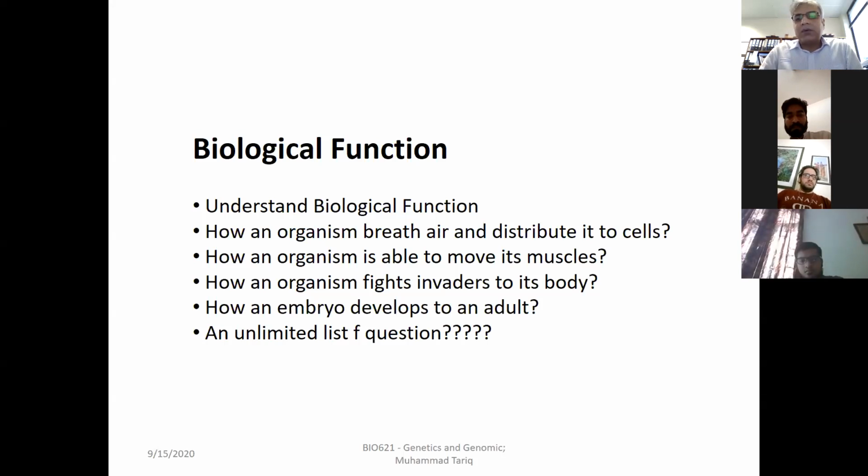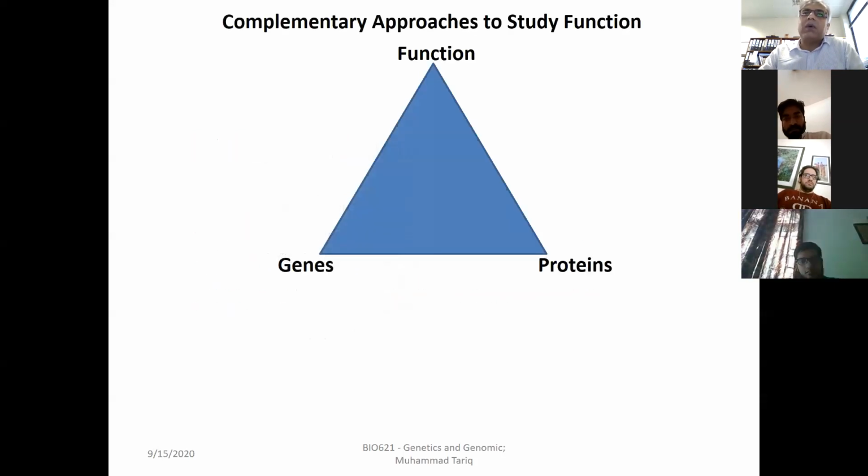There are two fundamental approaches to understand a biological function. One is gene-based, and the other is protein-based. The gene-based approach is, of course, called genetics, and the protein-based approach is called biochemistry. So in this course, we are going to focus on the gene-based approach, which is genetics.